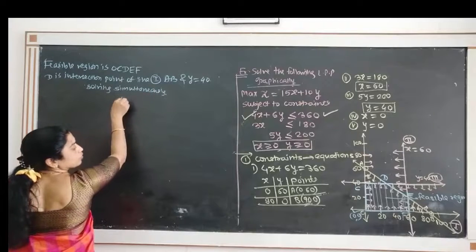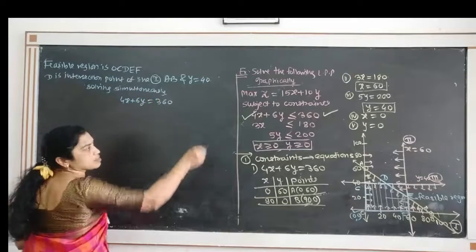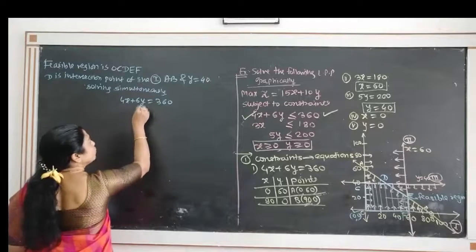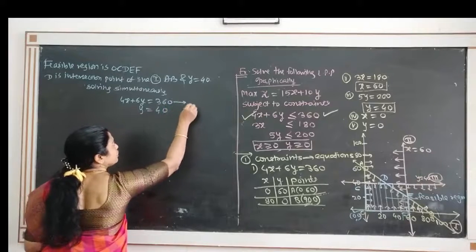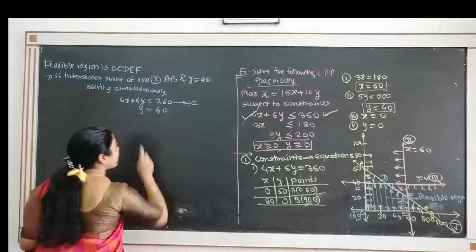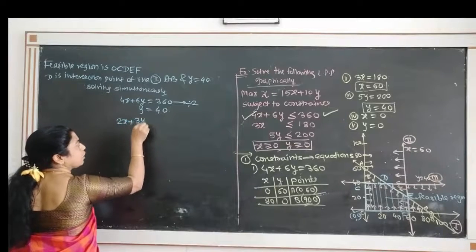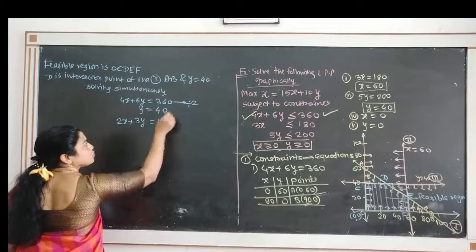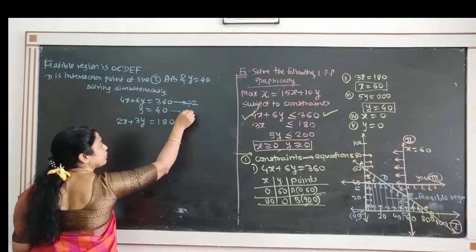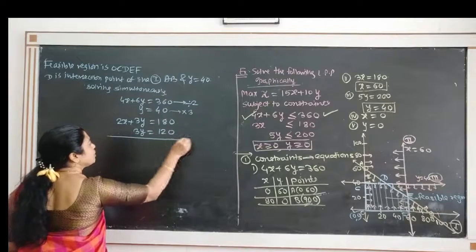The first line is 4x plus 6y equal to 360, and the second line is y equal to 40. If you divide the first equation by 2, we get the simpler 2x plus 3y equal to 180, and for y, I will multiply the second equation by 3, we get 3y equal to 120.